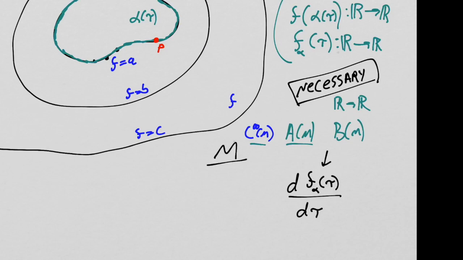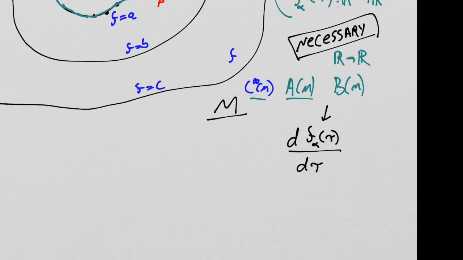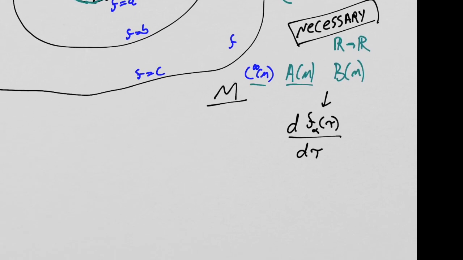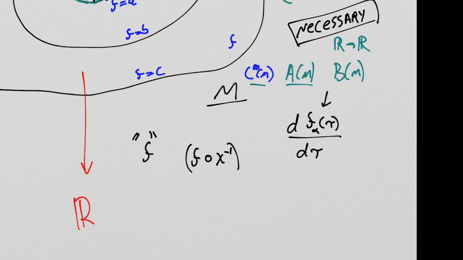Now, be very aware, and I'm going through this in excruciating detail, but remember, when we talk about f, what we're really talking about is this function here, f after x inverse, where x is that chart mapping that goes from the manifold to Rn.